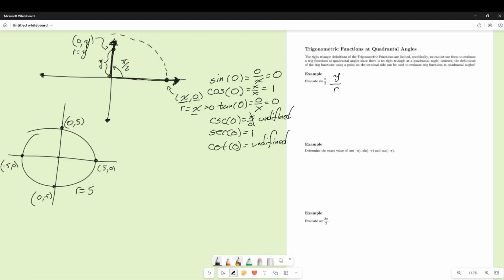So whatever that radius value happens to be, a, and then a, 0, 0, a, negative a, 0, 0, negative a, we can define all of our trigonometric functions with the same set of definitions. So the y value divided by the radius, at pi over 2, the radius and the y value are the same, so that's just going to be 1.